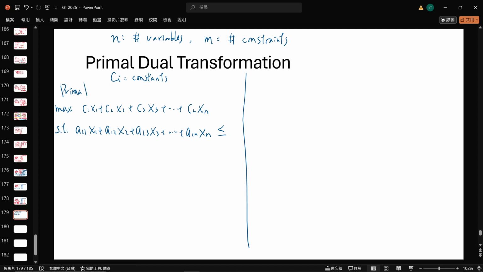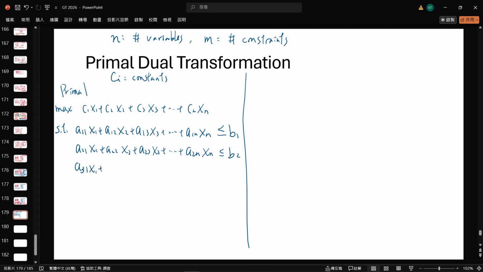Otherwise, you can just set, for example, x1 to infinity and x2 to infinity to maximize this. So naturally, we have some upper bound for a maximization problem. We use b to denote the right-hand side. This is your first constraint, and this is the second constraint.